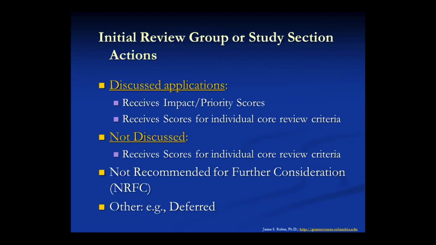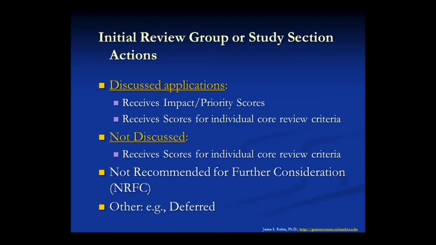So as I said, at the review committee, about half the grants are discussed, about half the grants are not discussed. However, the assigned reviewers, even for the not discussed grants, still write up their reviews. They still talk about the strengths and weaknesses of the different review criteria. They still give what I call sub-impact scores for these different review criteria.